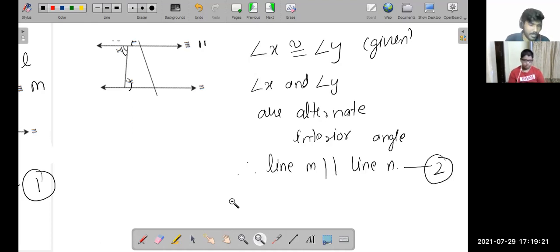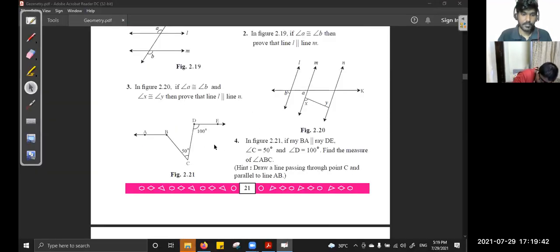Yeah, from the corresponding angle test, line M. Sorry, I didn't see the first part. I just thought you used alternate. Okay, but one correction: write there alternate interior angle test. We'll do the fourth one then.